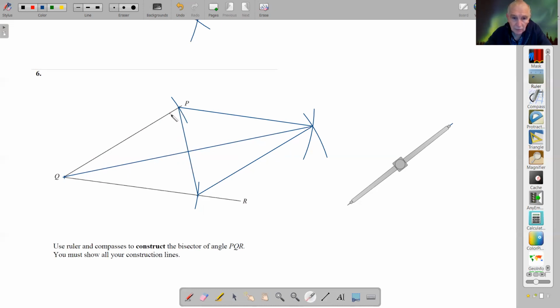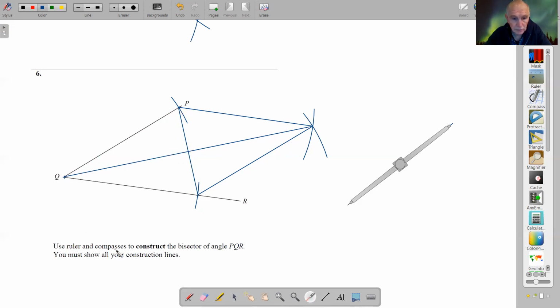So this diagonal bisects this angle P here. So this is the same as that. Most importantly, from our point of view, is that that is the same as that.